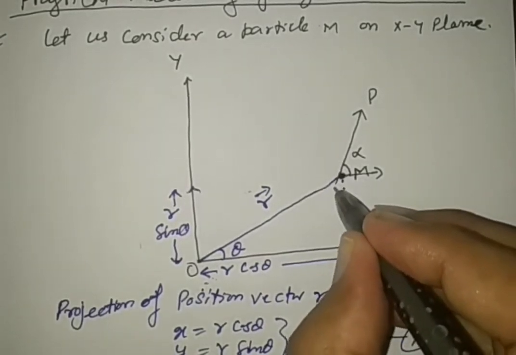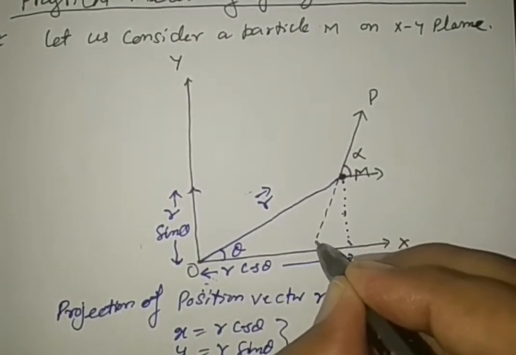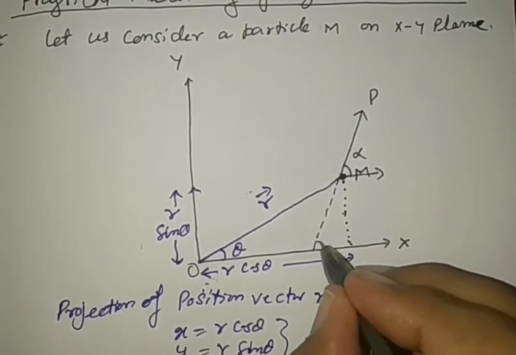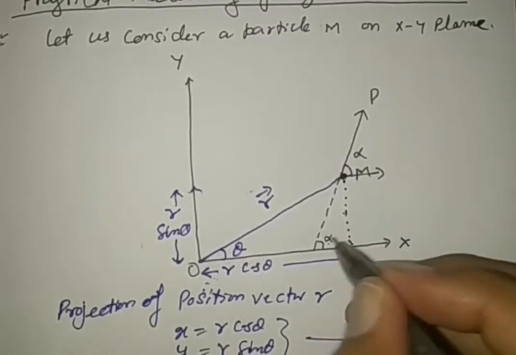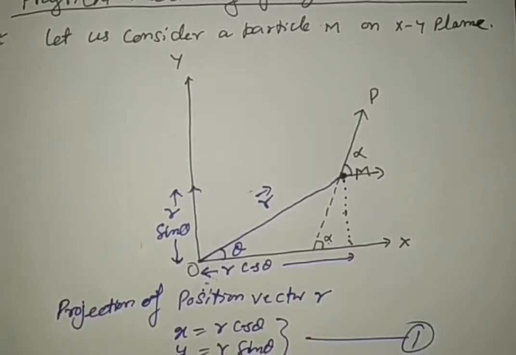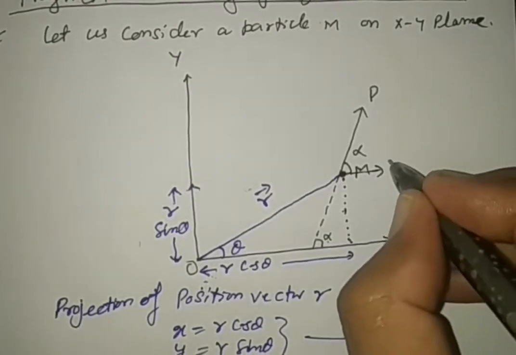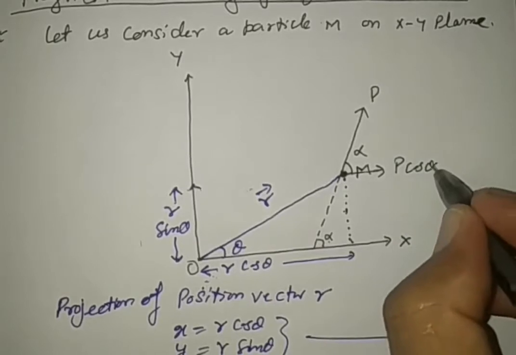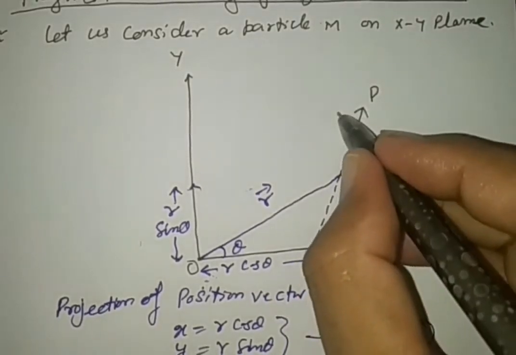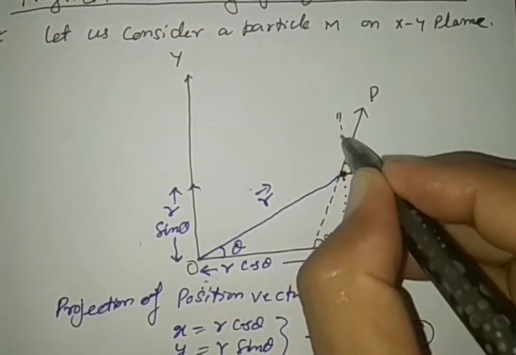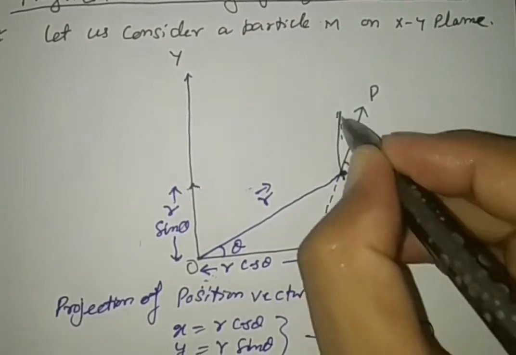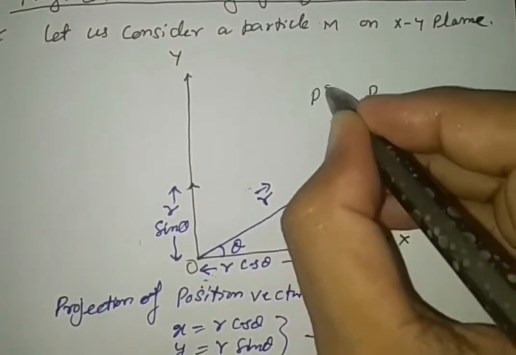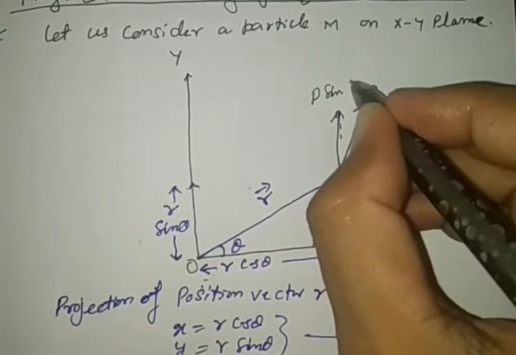Now when we proceed with this angle backward, this angle is also alpha, a corresponding angle. So this side projection is p cos alpha, and the vertical component is p sin alpha.